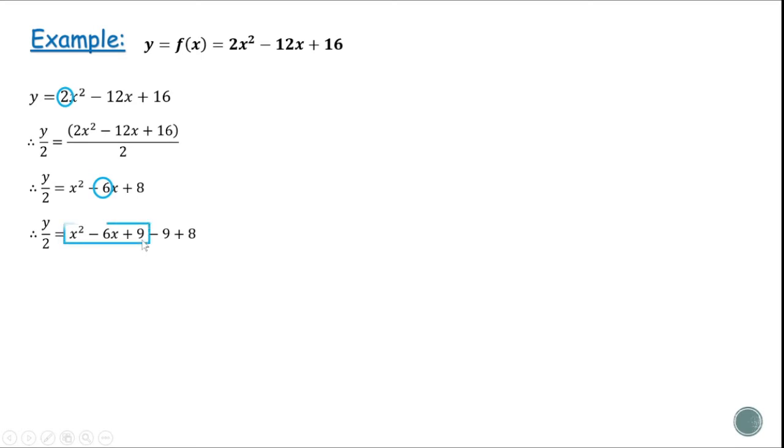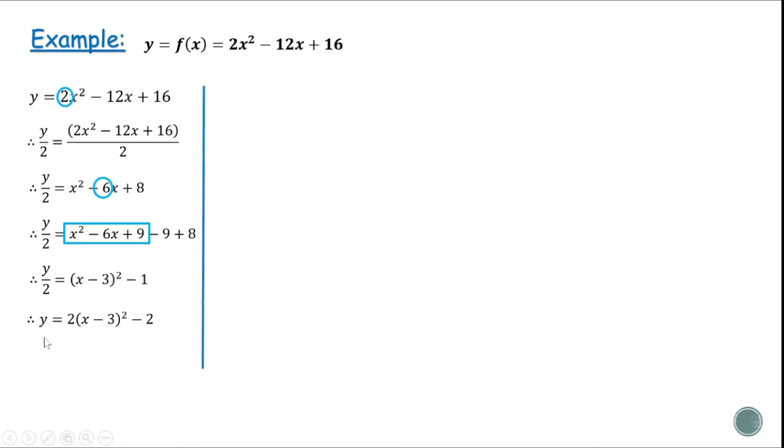So your equation will now be written as x minus 3 whole square, and of course minus 9 plus 8 is equal to minus 1, and this 2 will be repositioned here, and this is what your equation will take the form of.